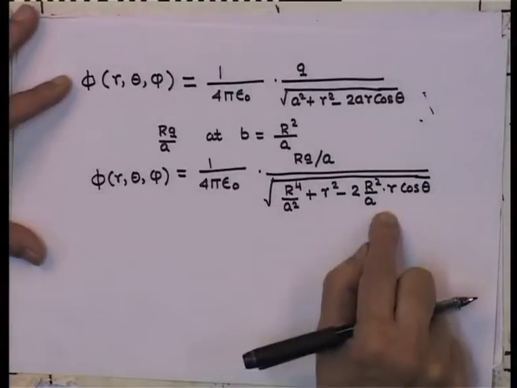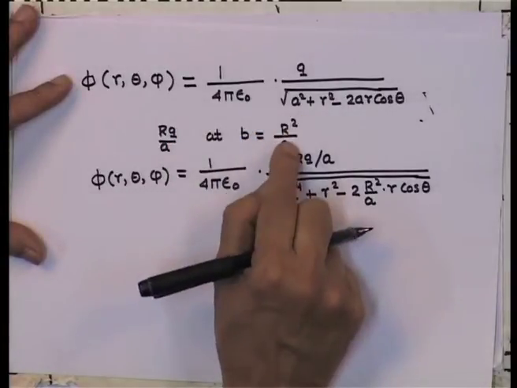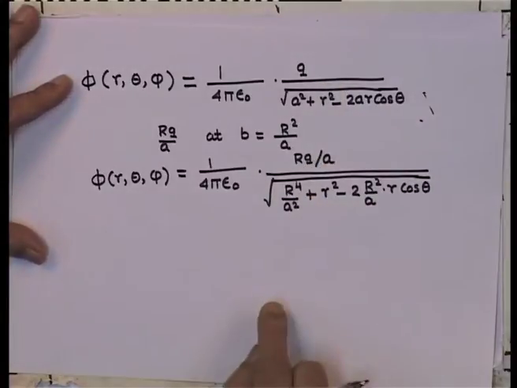So, this is the expression for phi when I put a charge q at b equal to r square by a. This is the expression which is simply obtained from this expression, which is familiar to us.